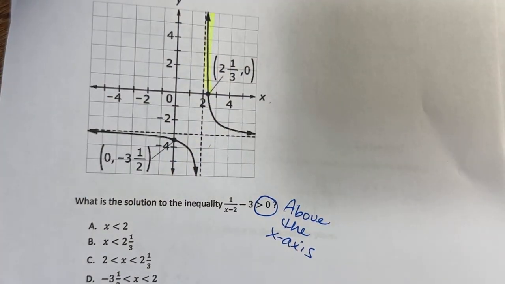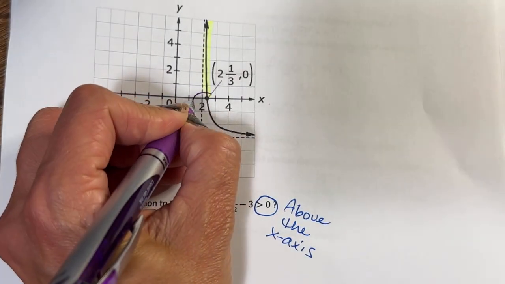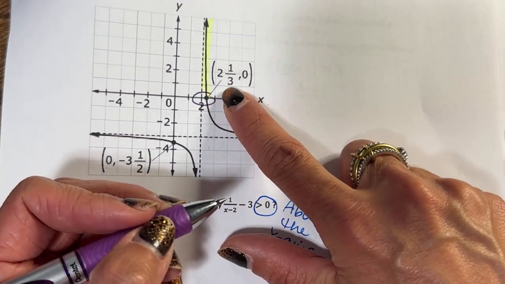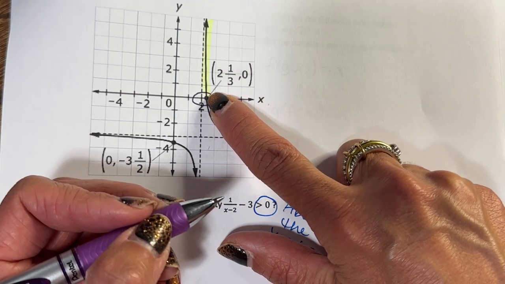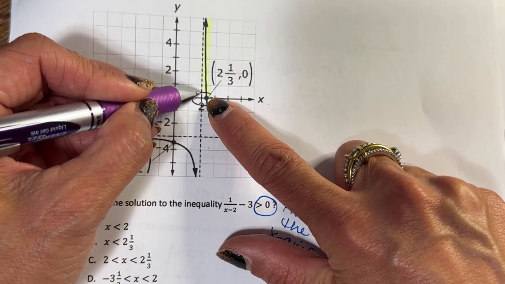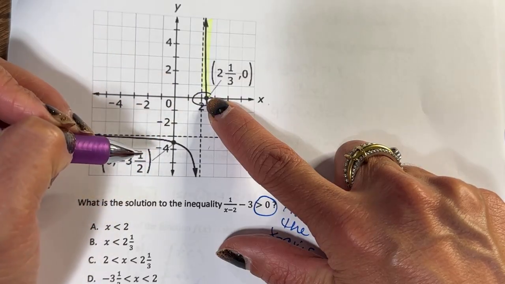Okay. We need to figure out the x values that it is between. It is between these x values. So it says that that is the coordinate 2 1/3, 0. So the x value here on that point is 2 1/3. And then the x value right here at this wall is a positive 2.